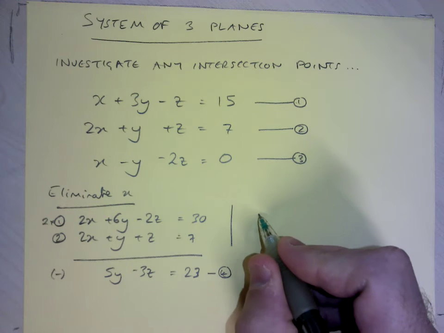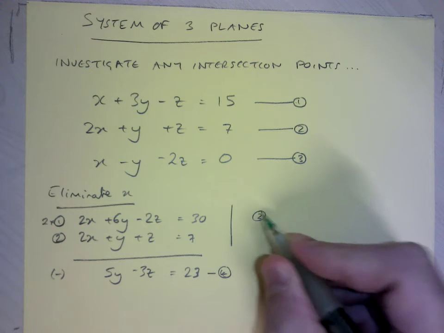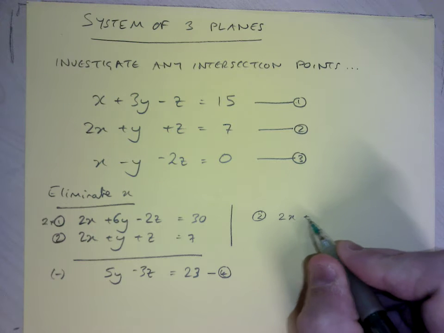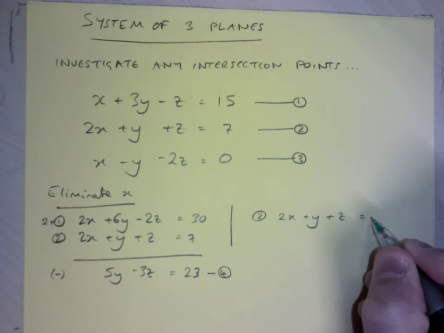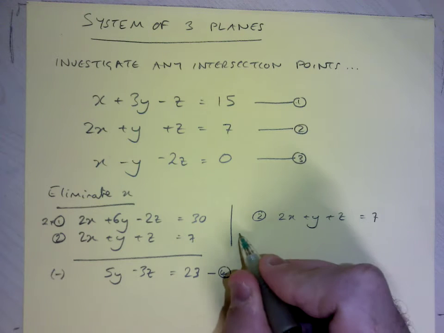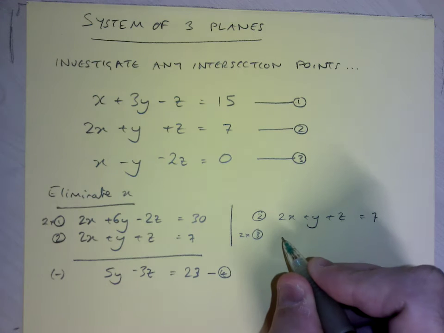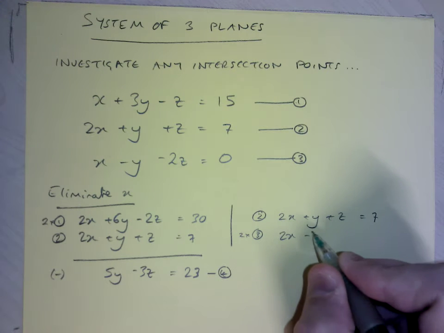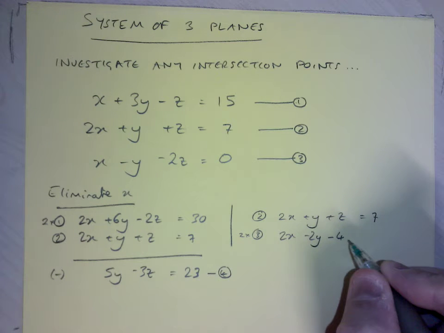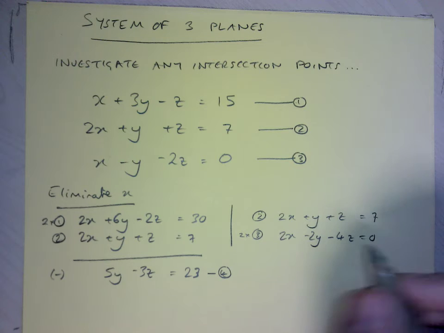So equation 2 is 2x plus y plus z is 7. I'm going to take 2 times equation 3, which is 2x minus 2y minus 4z is 0.